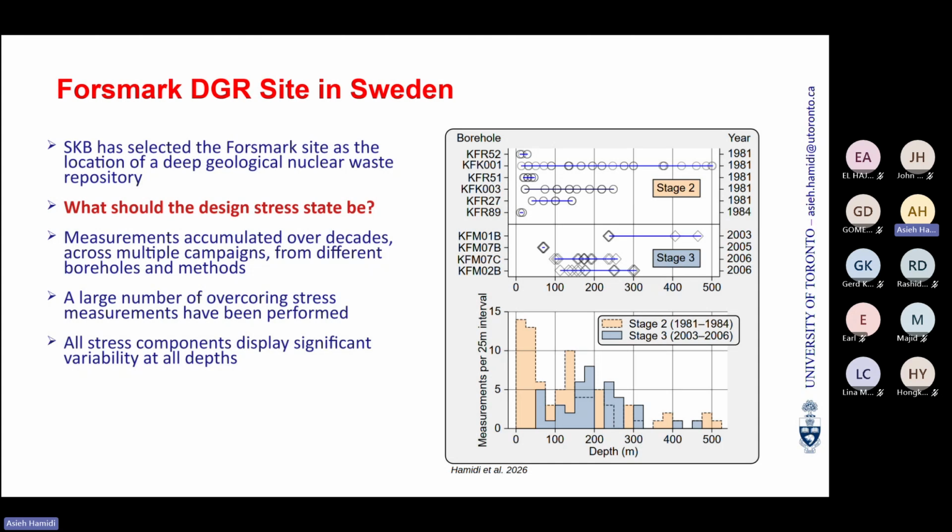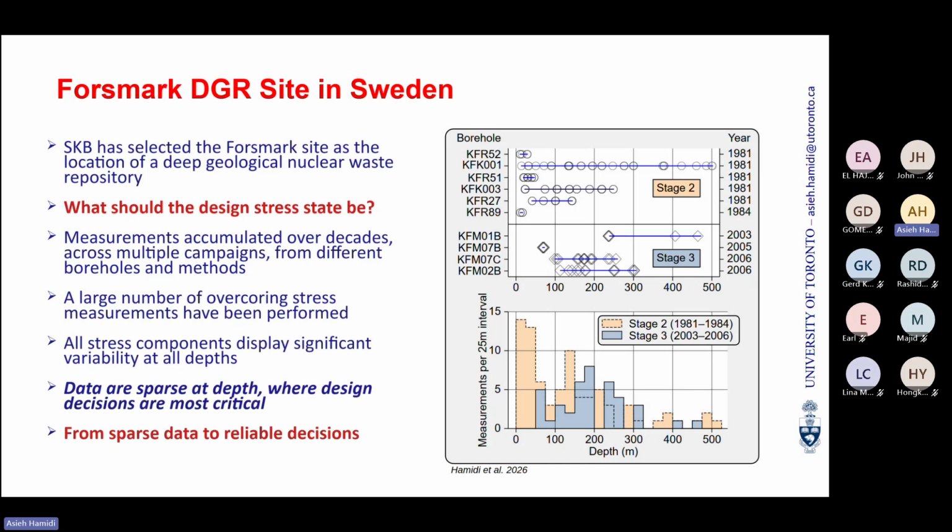This means data has accumulated over time, over 3 decades, at this specific site. In the lower panel, you will see that stress data is more available and frequent at lower depth, like from 0 to 200, and we are discussing about 500 meters. At full depth, we see that data is sparse. So we would like to get more from the sparse data zones.